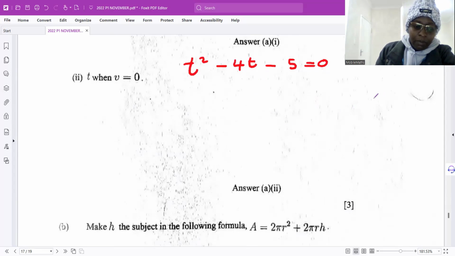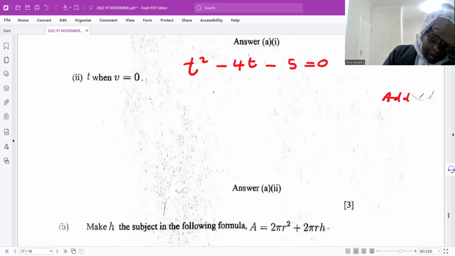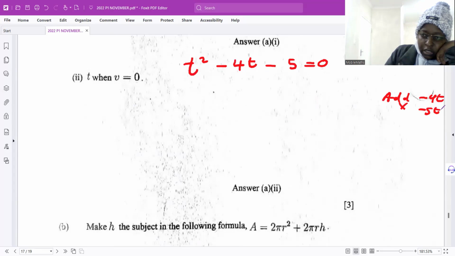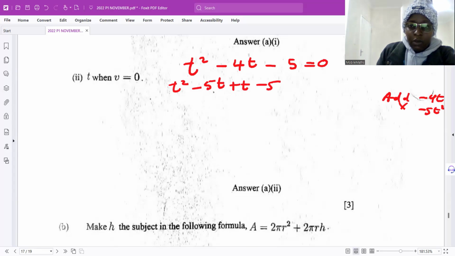Minus 5 is equal to 0. So we want numbers that, when we add, we get minus 4t, and when we multiply, we get minus 5t squared. So the numbers I can think of are minus 5 and 1. So I can rewrite t squared minus 5t plus t minus 5 is equal to 0.